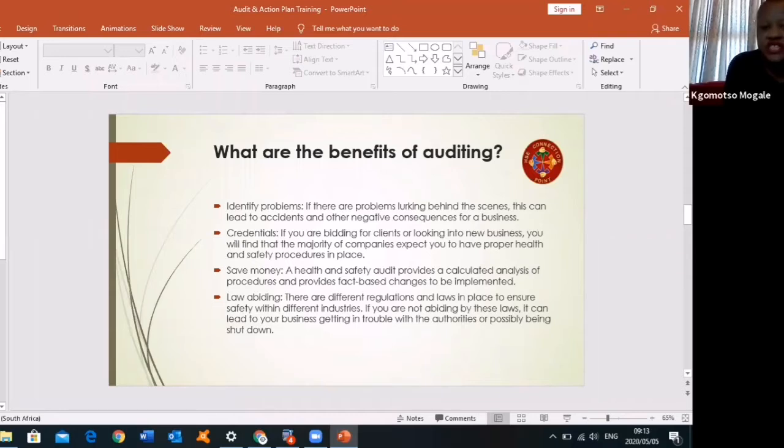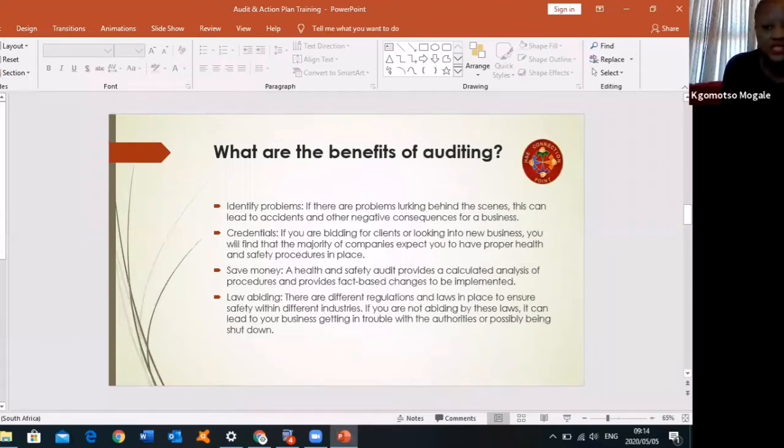And secondly, credentials. If you are bidding for clients or looking into new business, you will find that the majority of companies expect you to have a proper health and safety procedure in place. So basically, guys, we know that credentials are very important. Each and every company needs to be on top of their game in terms of safety, because that's what our clients look at.